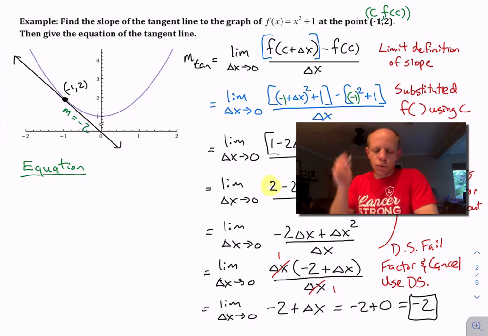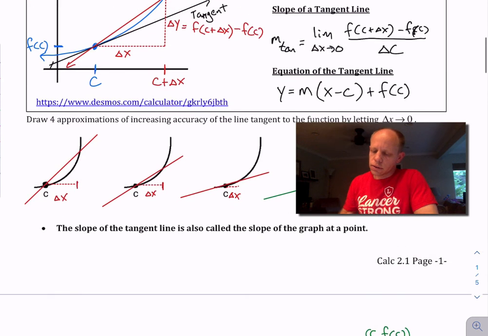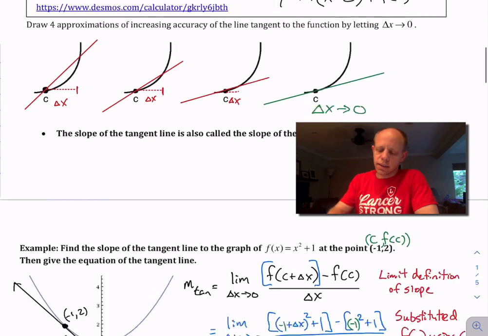Okay, so what we have is a slope of -2, and then we have a point, and that point is -1, 2. That's the point of tangency. So if we use our guide up here, it says y equals m times x minus c plus f at c.